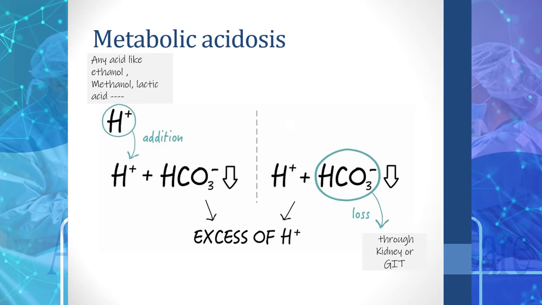Okay, so there is either addition of acids, addition of hydrogen ion, and acids like ethanol, methanol, lactic acid, uremic acid, salicylate or any acids, or it is removal of HCO3. And from here we will divide the acidosis into two parts.